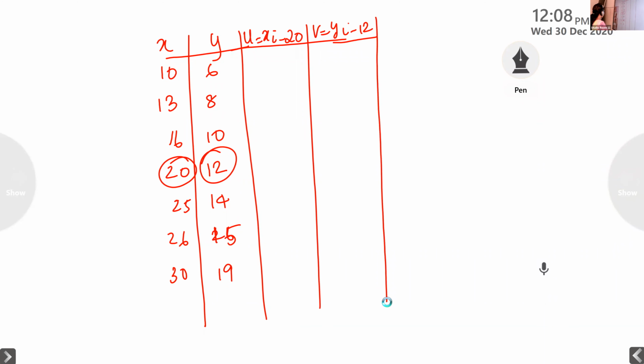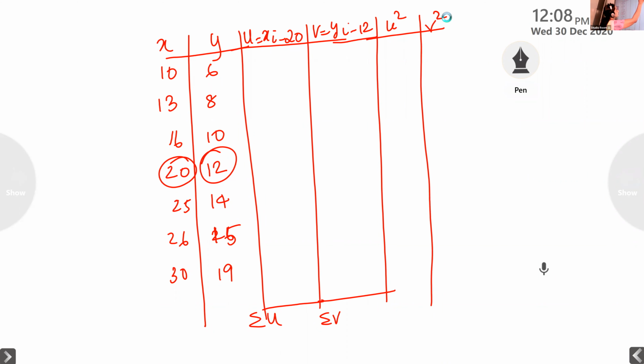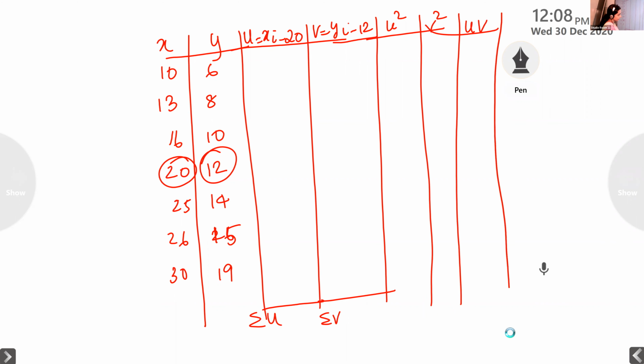Then, like the previous one, this is an easy one, isn't it? Define U and V, then find sigma U, sigma V, then U square, V square, and then U into V.